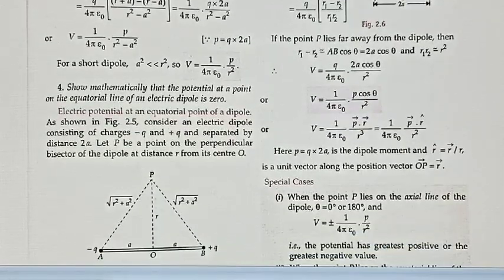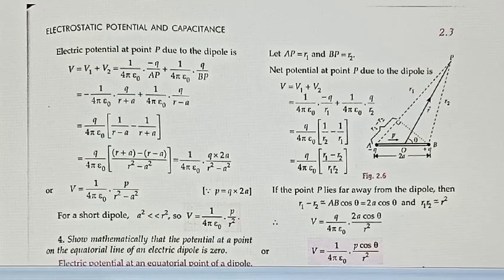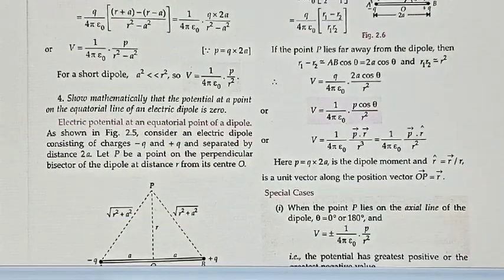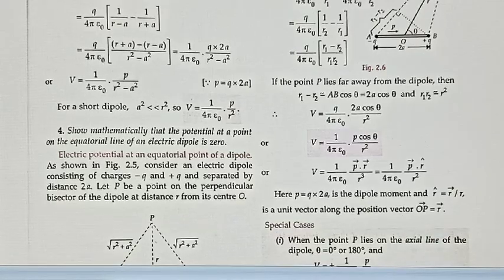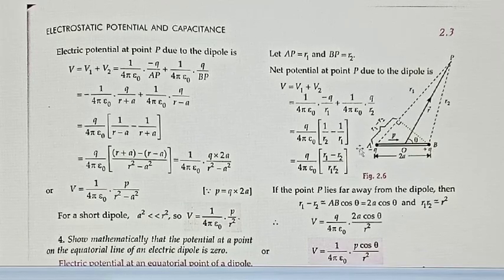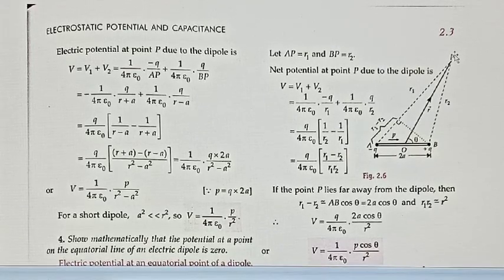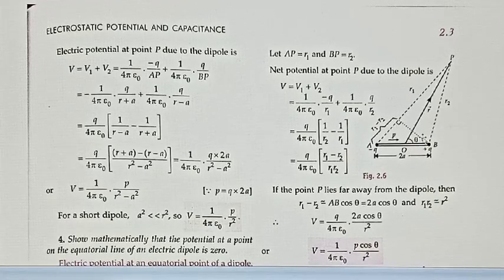So let us see this diagram. This is a dipole, plus q and minus q separated by twice a, and we are considering a point P, and this angle is theta.